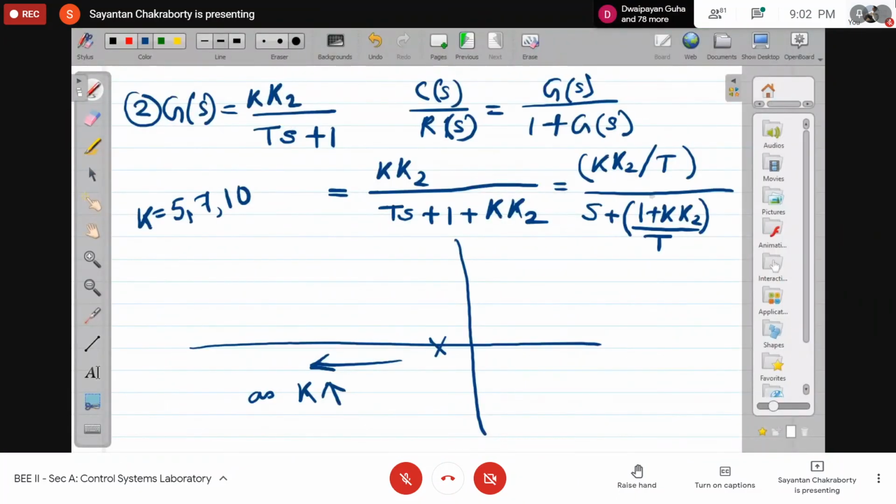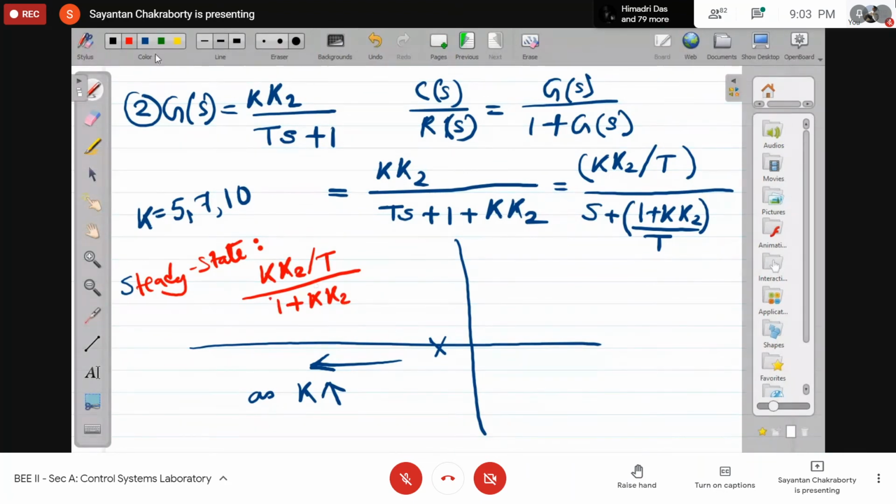So in this case, what is the steady state value? Let's put S equal to 0. We'll get KK2 by T divided by 1 plus KK2 by T. So T will get cancelled out.